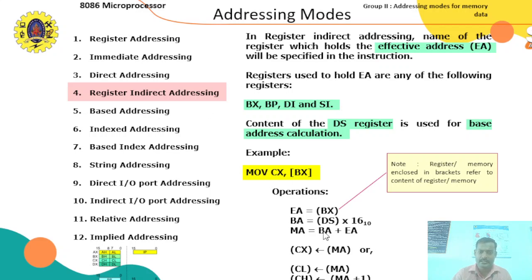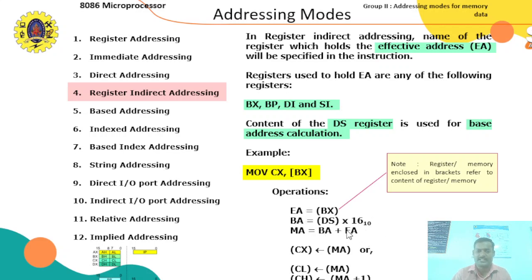Look at the actual operation. The effective address is the content present in BX. The base address is the data segment multiplied by 16, which in hexadecimal is 10. This is multiplied and added with the effective address.